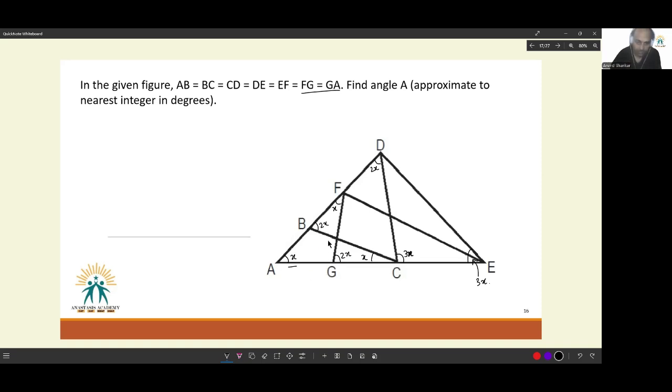Because for triangle FAG, FGC is the external angle, x plus x gives me 2x. Anything else I can work out here? Okay. This angle will be 3x. This angle will be 3x. No problem. Anything else I can work out?